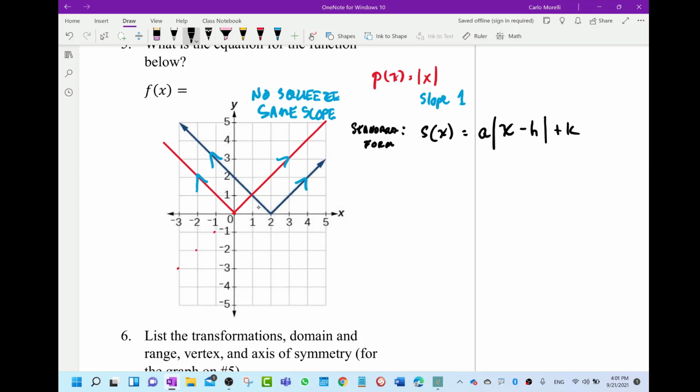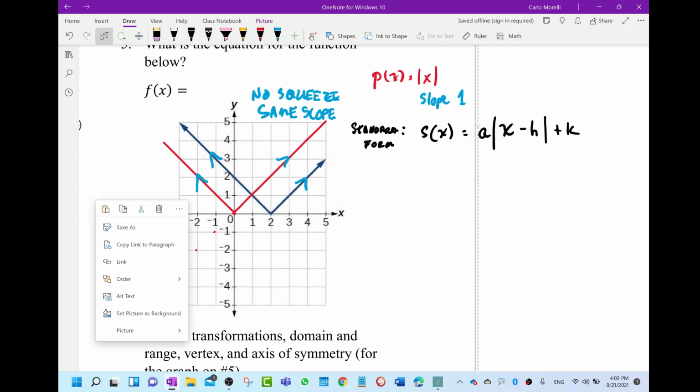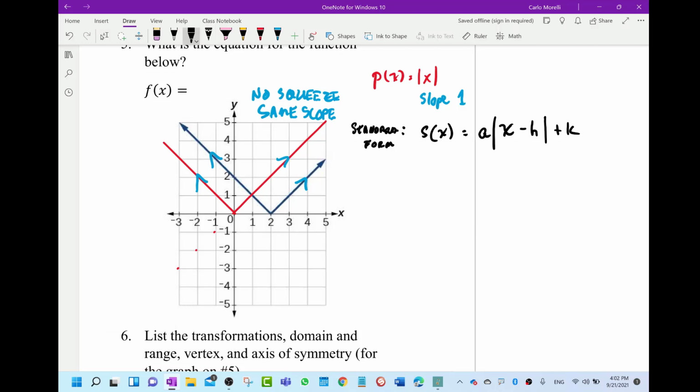If that's negative, that's a right shift. If there's some number out here, that's a vertical translation, either up or down. So let's see, did we have a vertical translation? No. So we just had a right shift. You can literally read how we're about to make this equation.